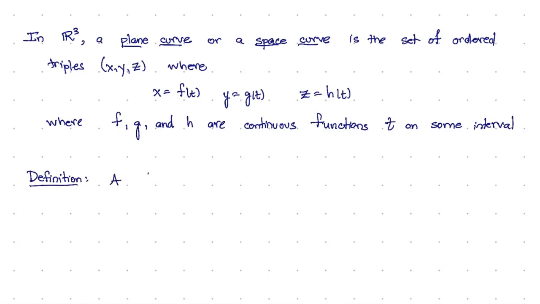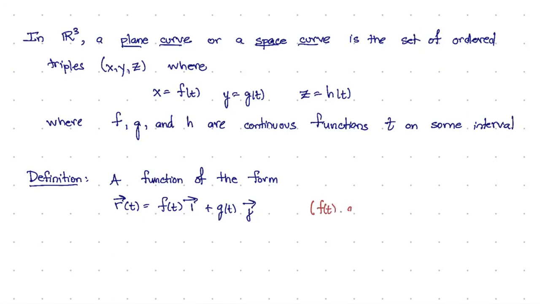A function of the form r of t is equal to f of t i plus g of t j, alternatively expressed as the pair f of t, g of t. This will be another name for r of t.